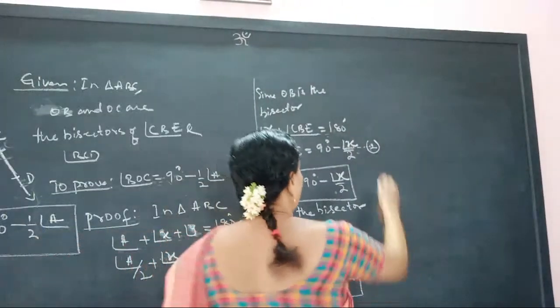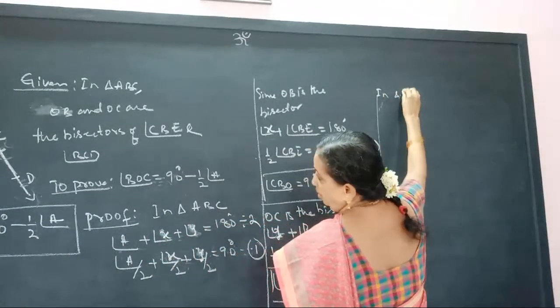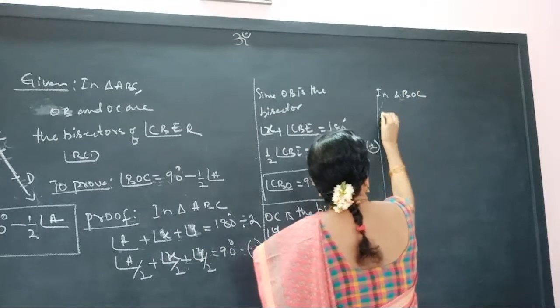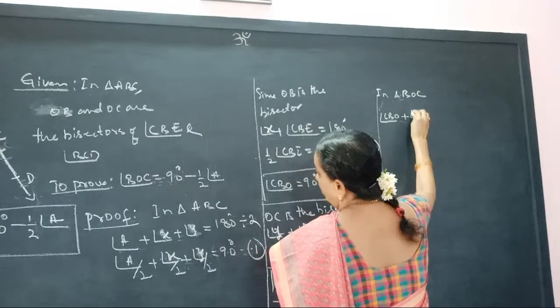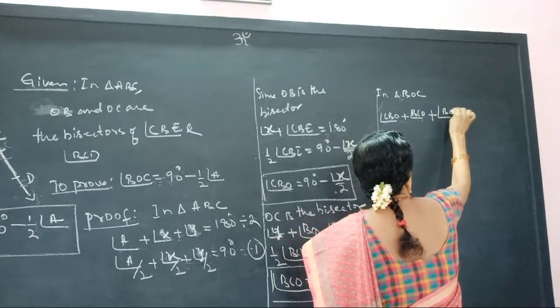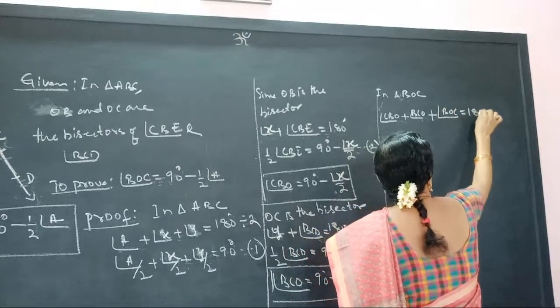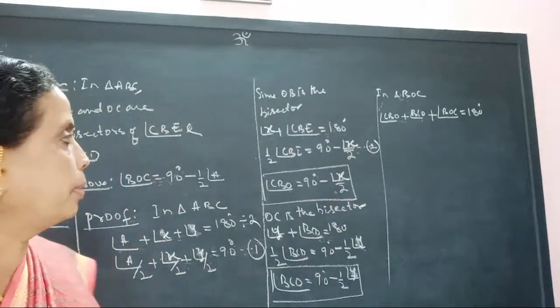The other part of the triangle is in triangle BOC, angle CBO plus angle BCO plus angle BOC equals 180 degree. That is because of angle sum property.